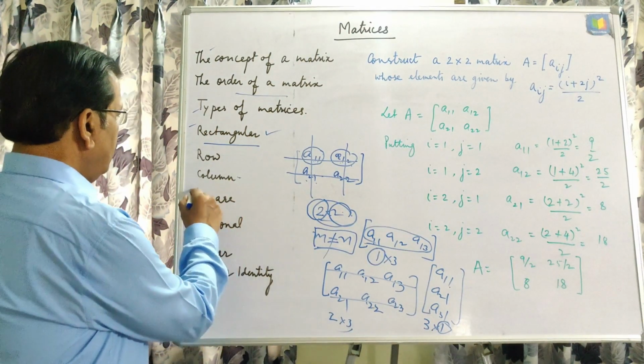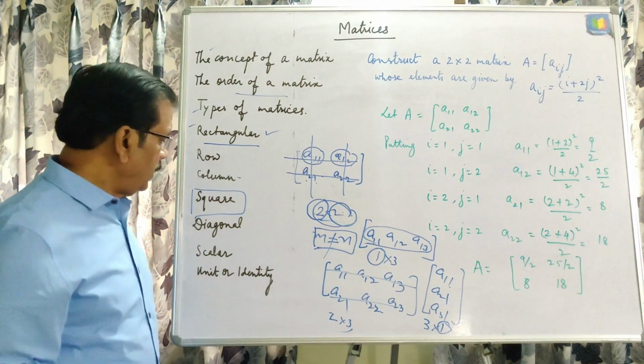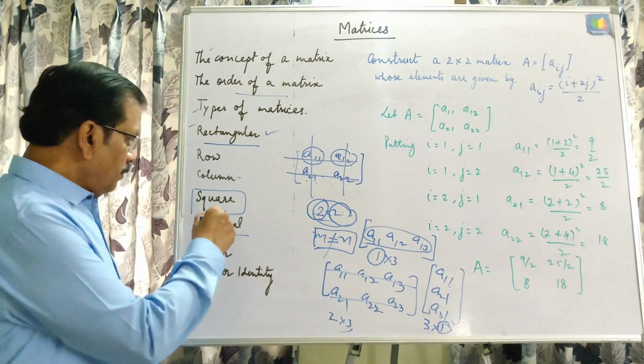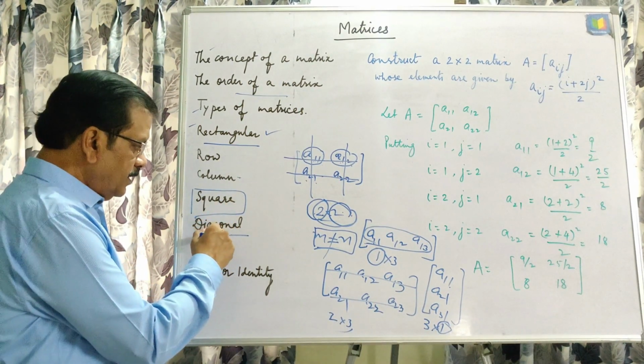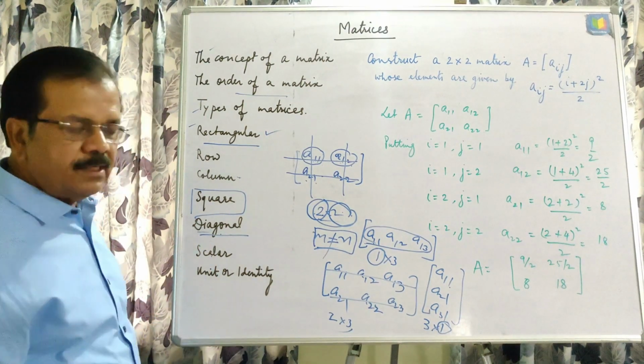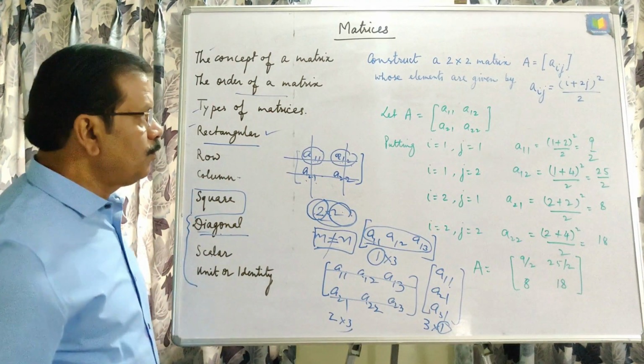In the same way, in a square matrix, the number of rows and columns will be equal. But the special types of square matrix are the diagonal matrix, scalar matrix and unit or identity matrix. These three are related to square matrix.